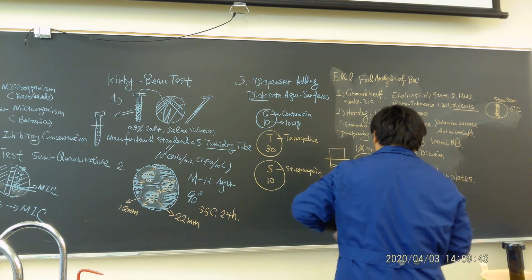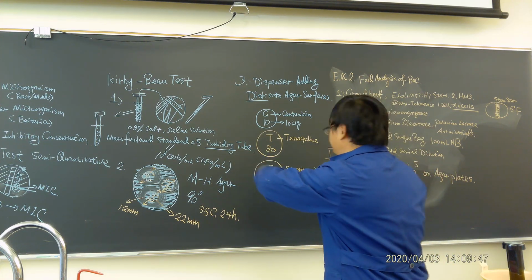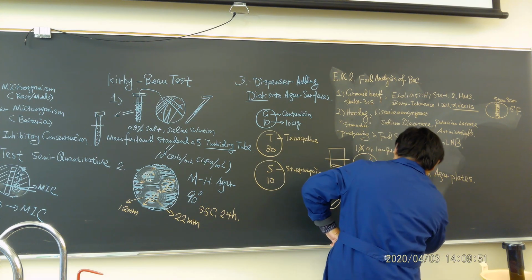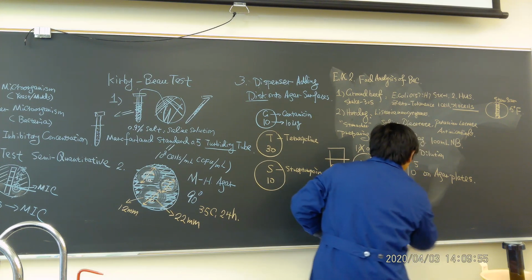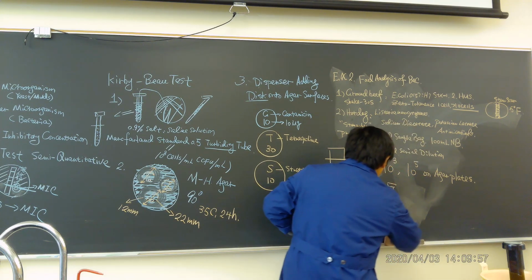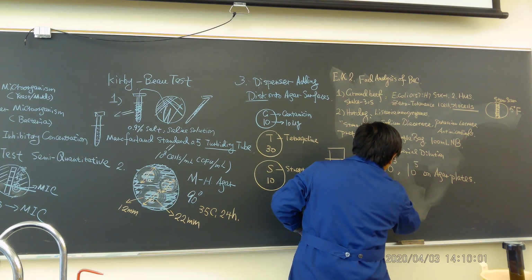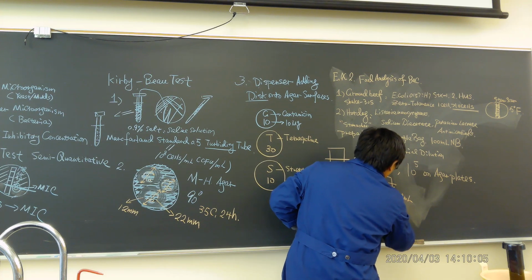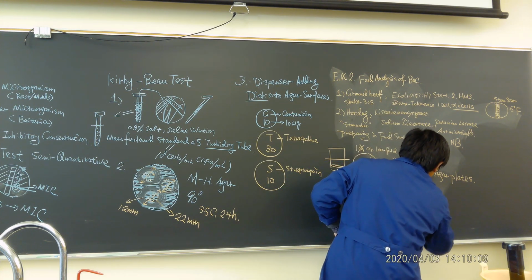I'm going to get it. Can you see that in the other lab? It should be there, or otherwise I'll get it from my lab. Then 0.1 ml goes to this one, and then 0.1 ml goes to this plate.